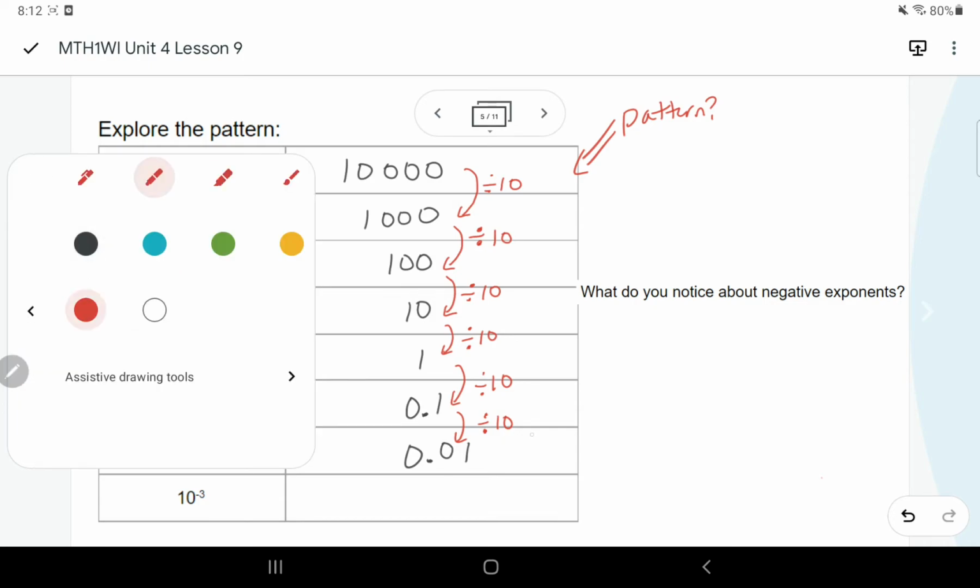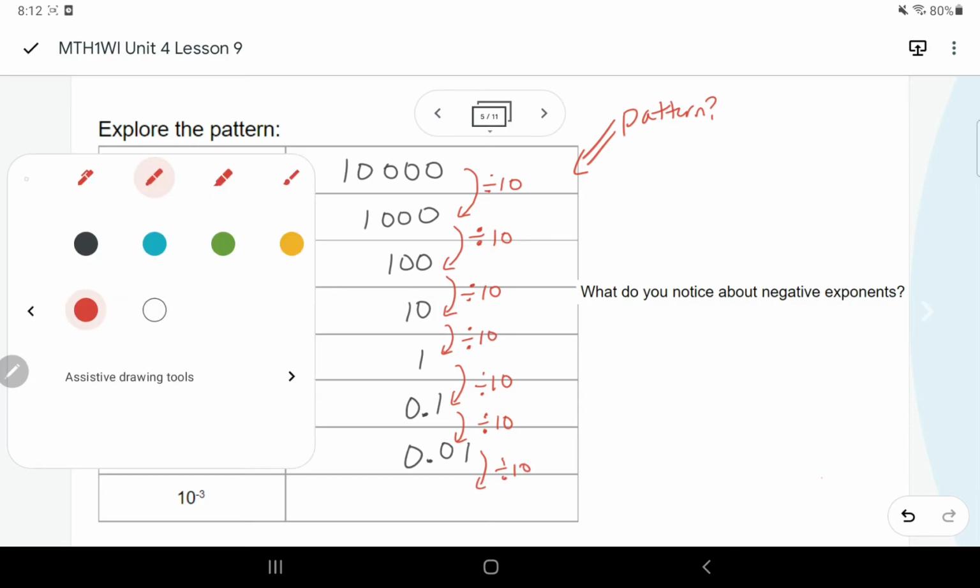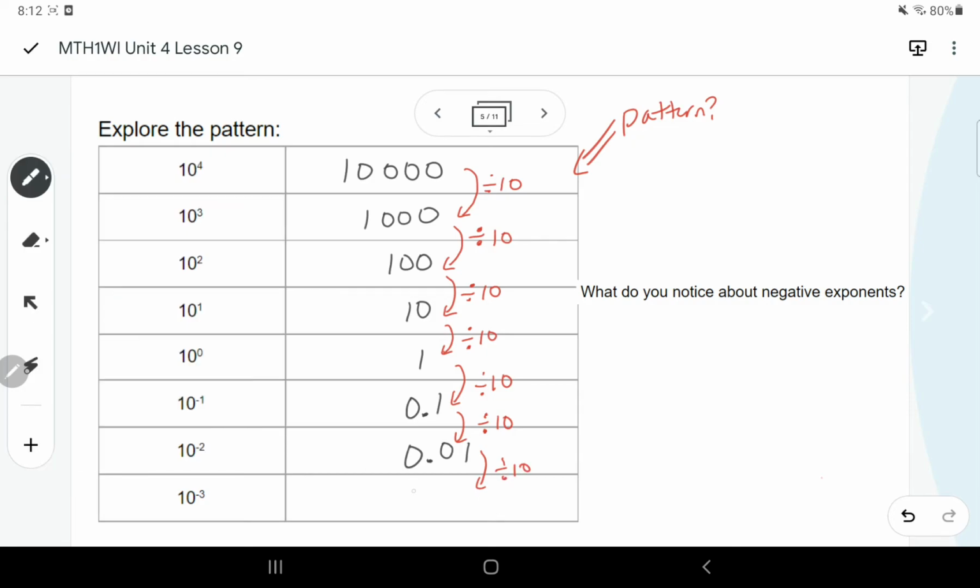And divide that by 10 one last time, I get a smaller and smaller decimal, so 0.001. And this interesting pattern is what we're going to use to represent very, very tiny numbers without having to write out a whole bunch of zeros before the number itself.